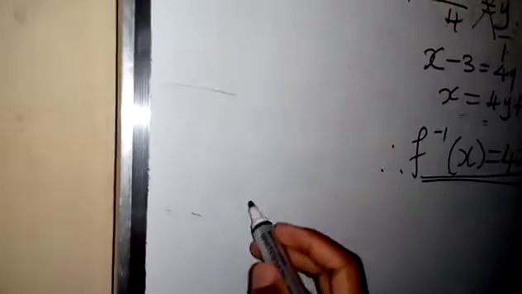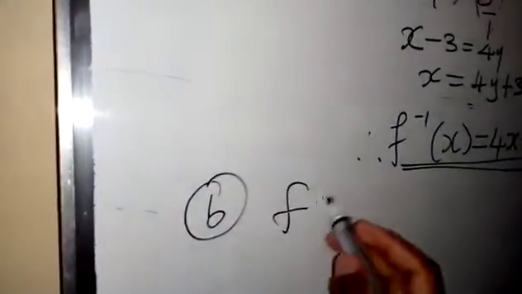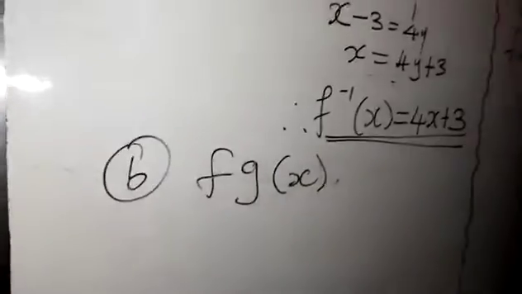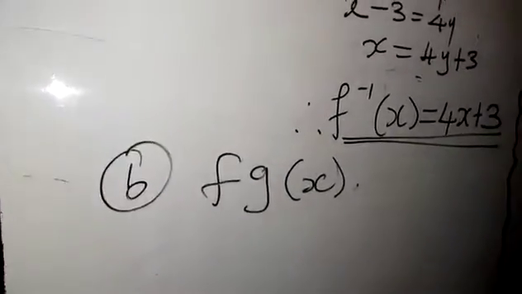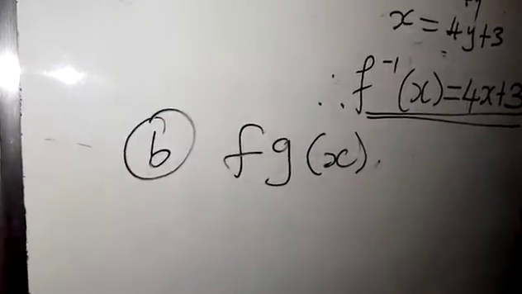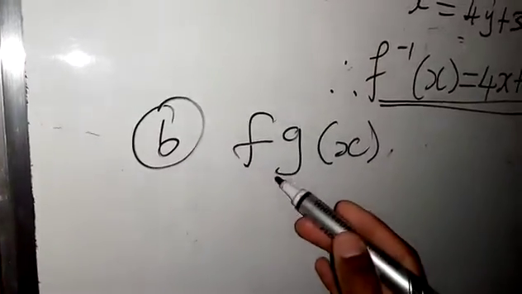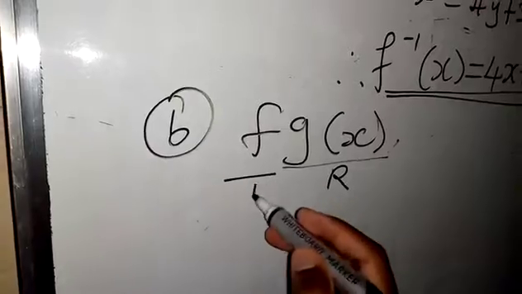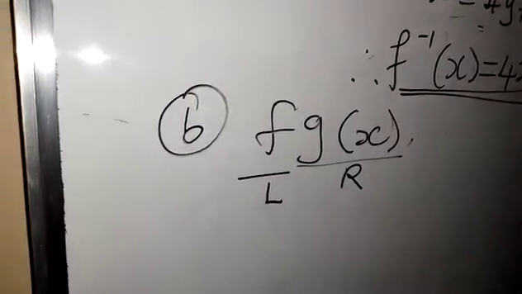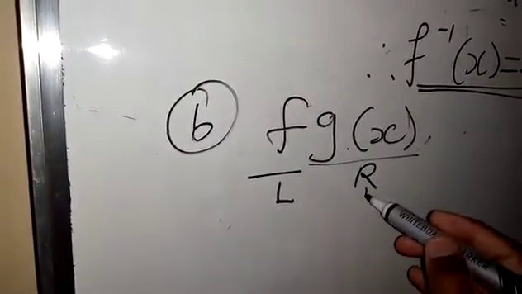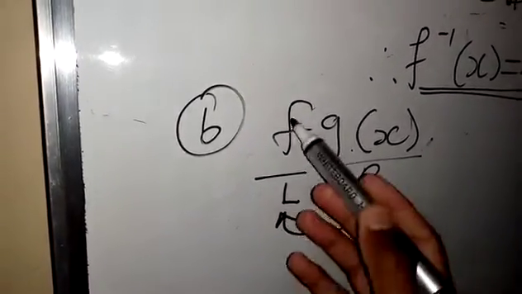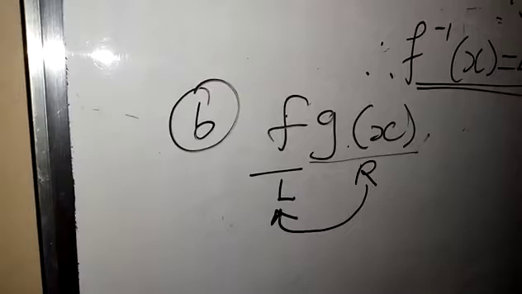So B, I think B can fit here. They want you to find f of g of x. We call these composite functions because there are 2. We have a function on the right and also a function on the left. What it means is that you get g and you put it into f because f is on the left.